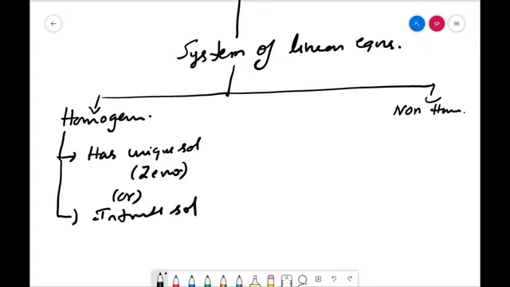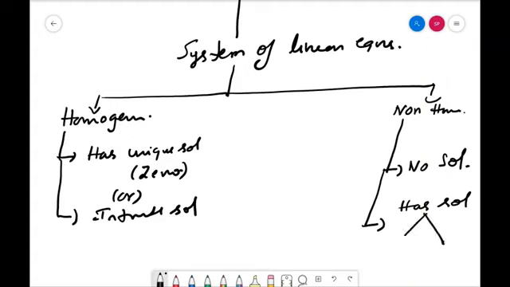That means other than the 0 solution it will have some other solutions also. When I have a non-homogeneous one, it has no solution or it has a solution. Has a solution implies unique solution or infinite solution.